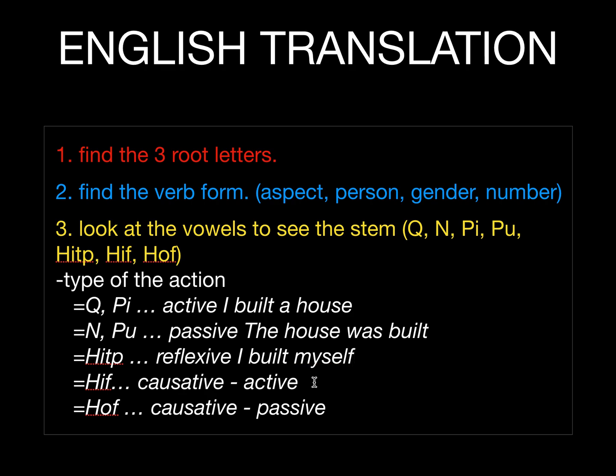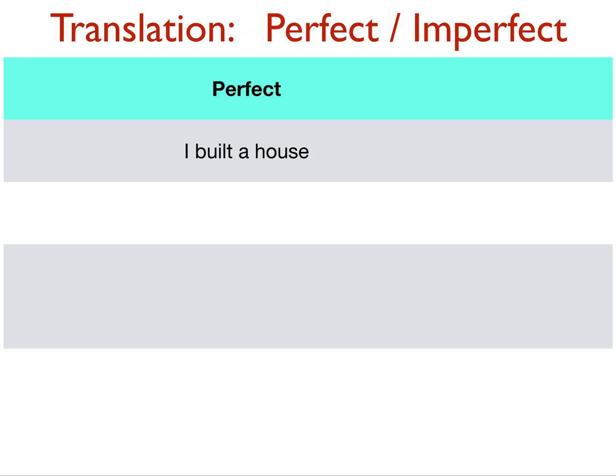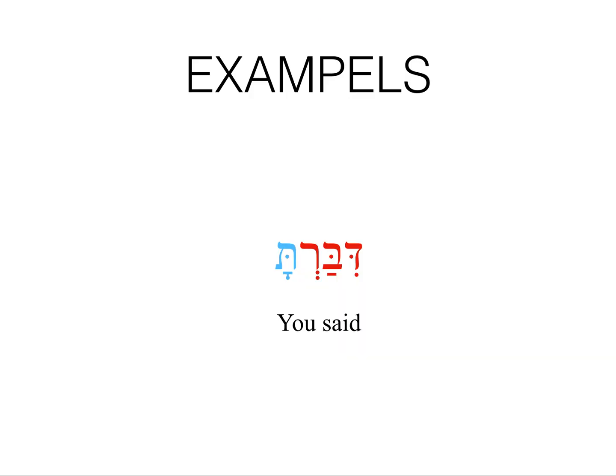For hifil would be I caused to build. And for the passive would be I was caused to build. So perfect translation is simple past tense. I built a house. The idea is completed action. The house is finished right now.